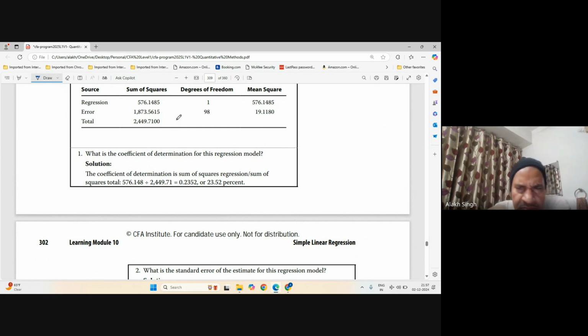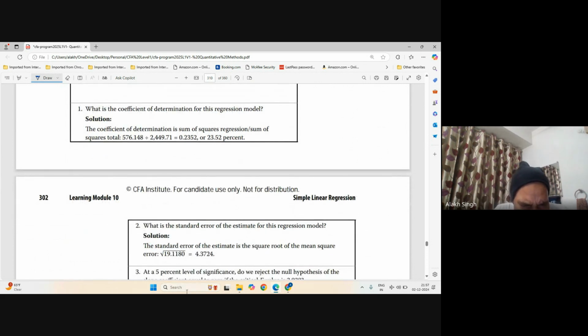The thing is, here is the mean square error. It is given, no? Mean square error is 19.19, and then we take the square root of that.